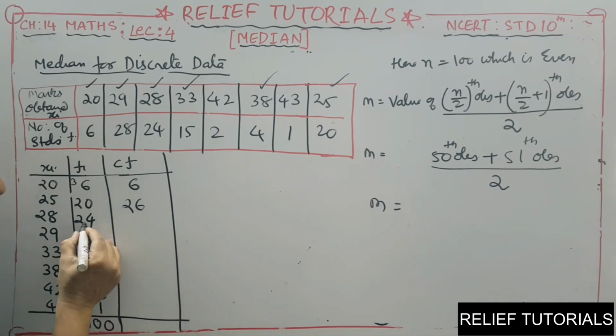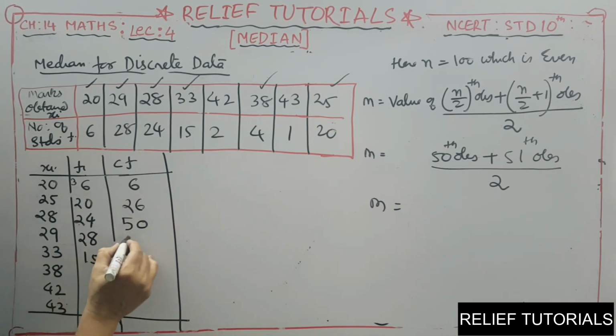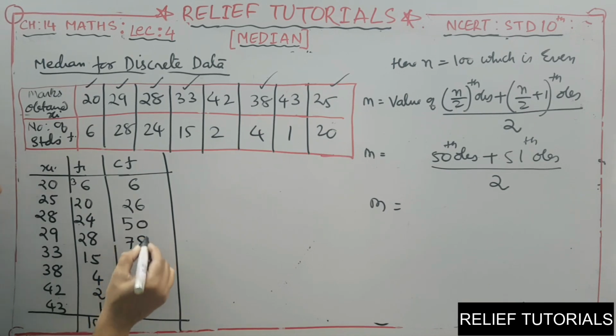Then 26 plus 24 is 50. 50 plus 28 equals 78. 78 plus 15 is 93. 93 plus 4 is 97, and then 99.